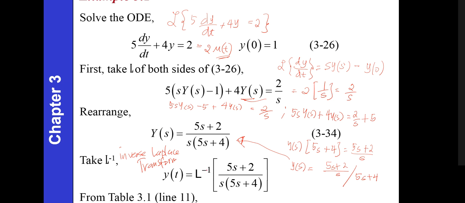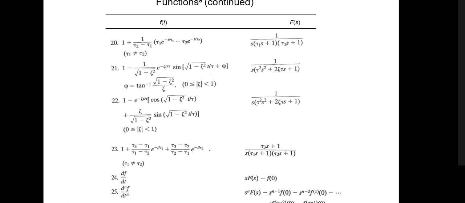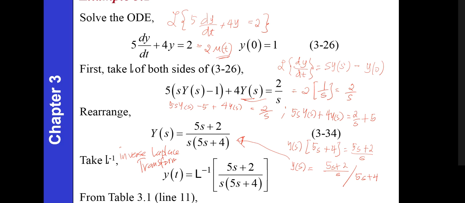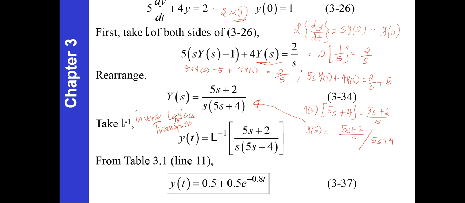So L negative 1 of 5s plus 2 over s times 5s plus 4. From table 3.1, line 11, y(t) is equal to 0.5 plus 0.5 e to the 0.8t.